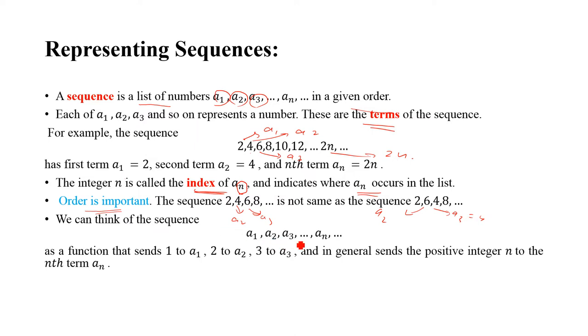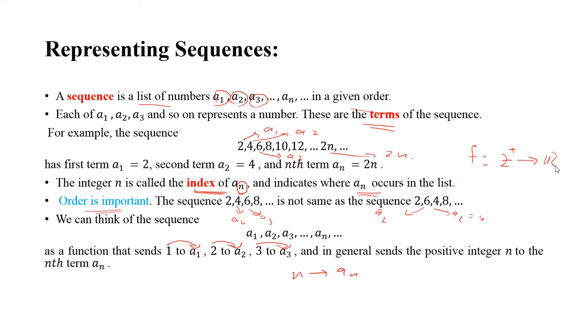We can think of the sequence a1, a2, an as a function that sends 1 to a1, maps 2 to a2, 3 to a3, and in general n to an. So we can define the sequence as just a function from the set of positive integers to the set of real numbers.